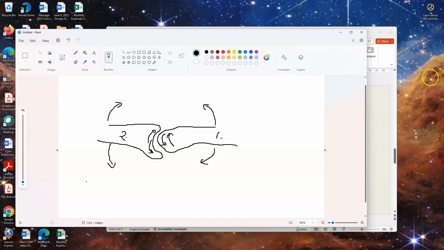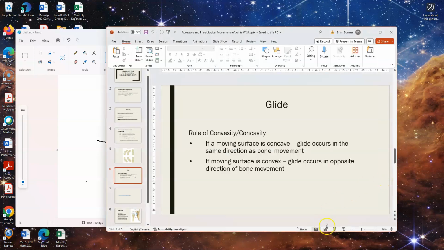So this will be A, and this one is A, and then we've got B here, and we've got B here, and of course in the concave one, this will be A, and this will be A, and then this will be B, and this bottom one will be B. Okay? And hopefully you'll remember it that way.